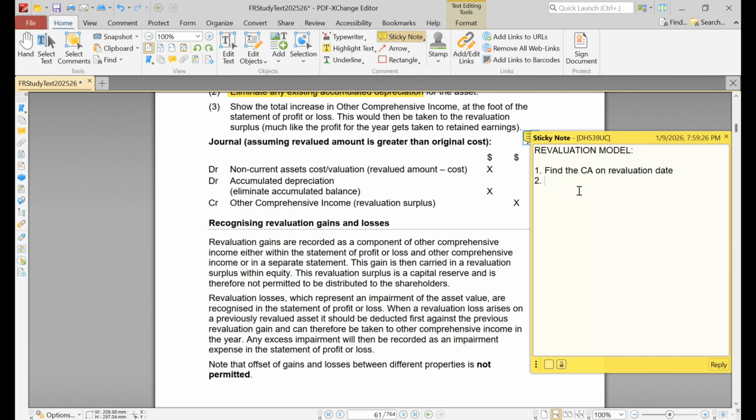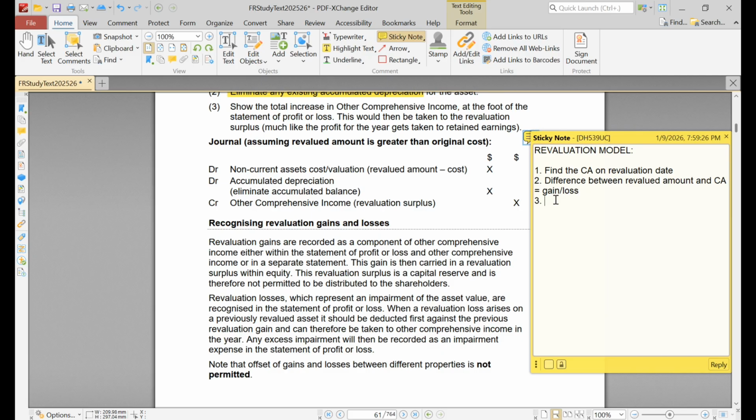Second, the difference between the revaluation or revalued amount and the carrying amount. Third, that difference would either be a gain or a loss.